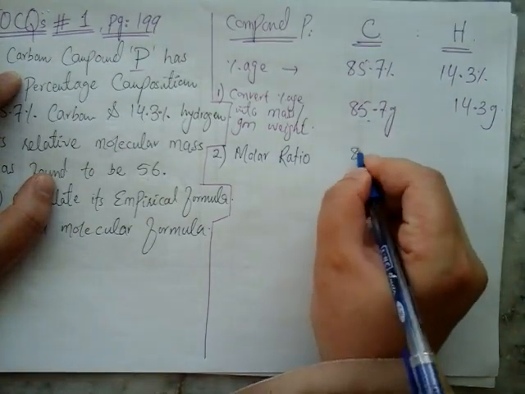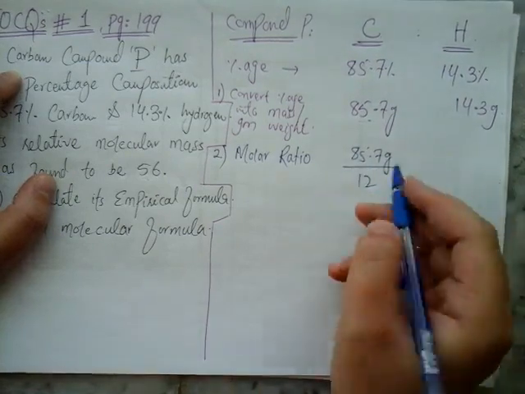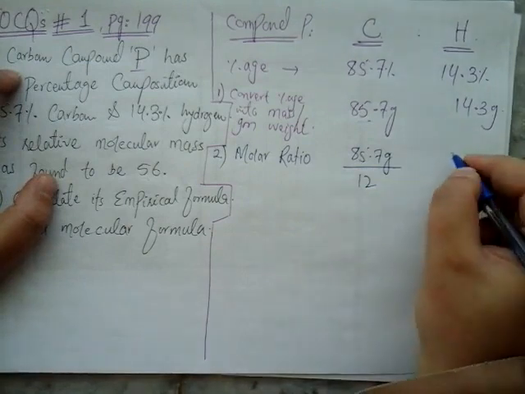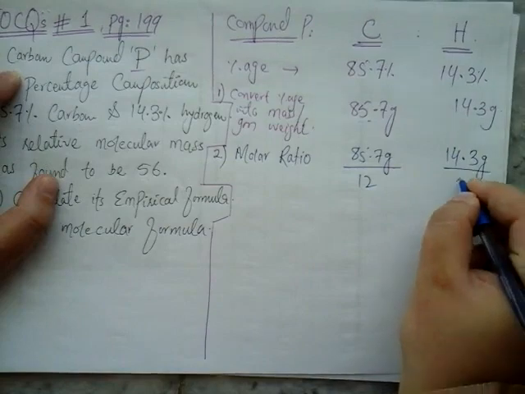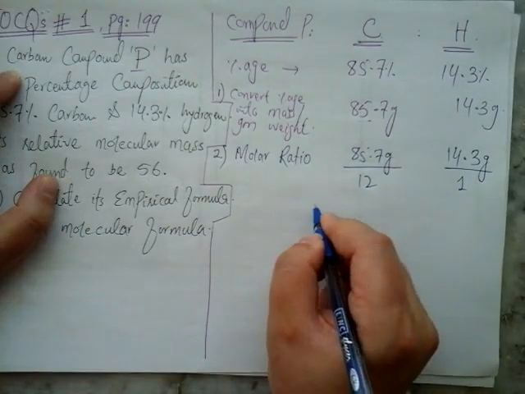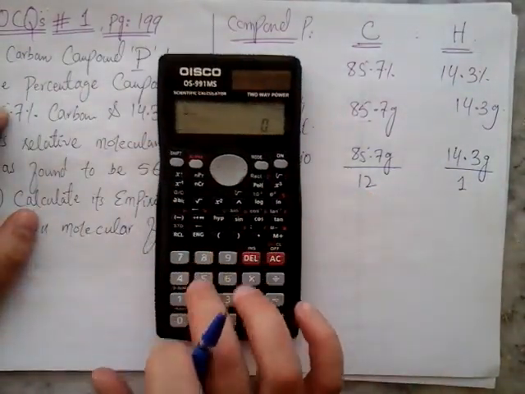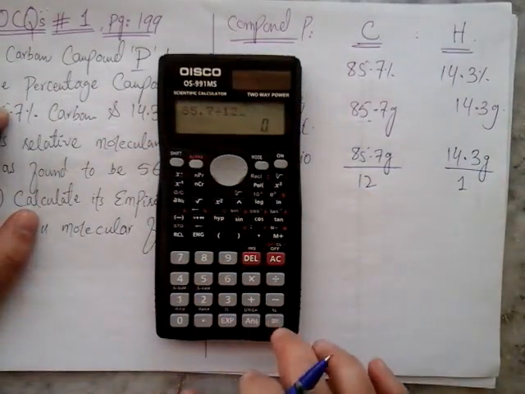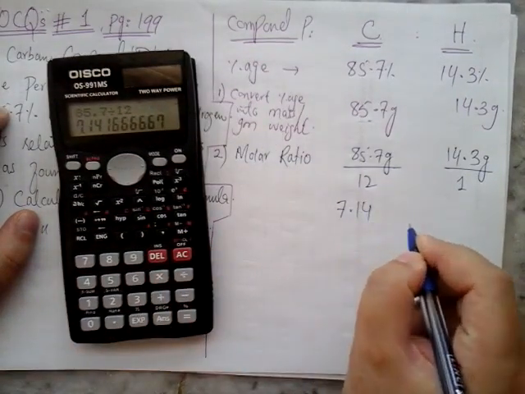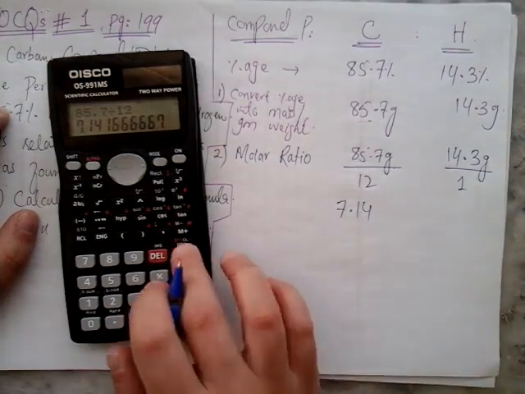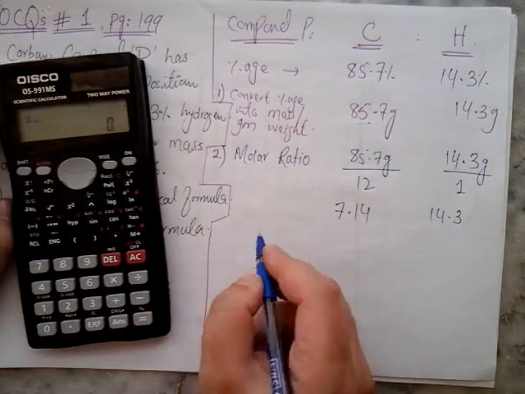So 85.7 gram divided by its atomic mass, because we need to find the moles of each element, and 14.3 gram of hydrogen divided by 1. So the molar ratios: 85.7 divided by 12 comes out to be 7.14 moles, and that of hydrogen is 14.3.